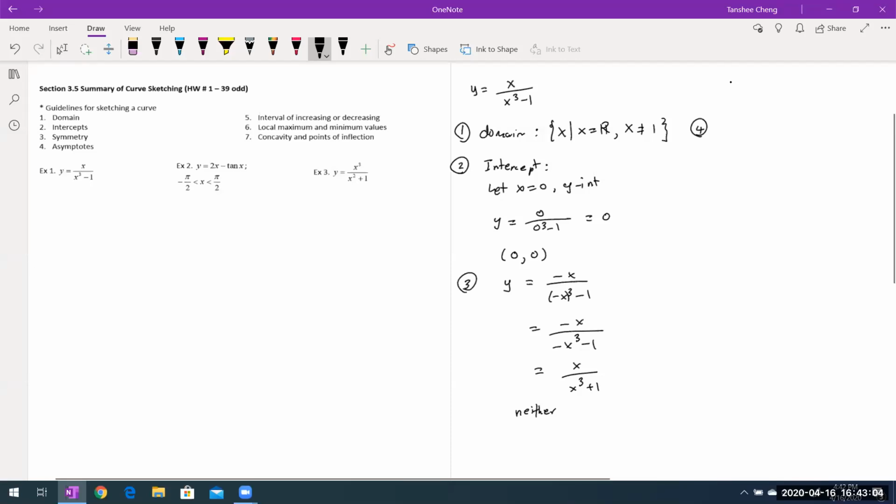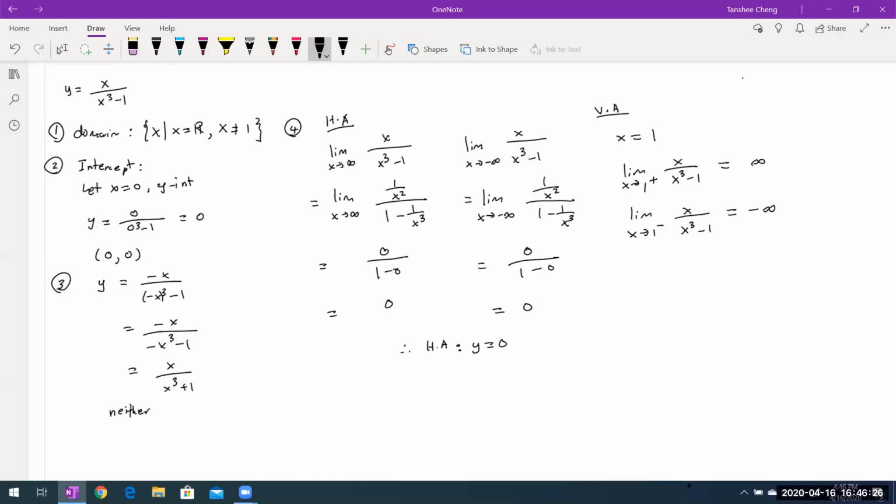So let's find the horizontal asymptote first. The limit as x approaches infinity of the function, using the techniques, we find the limit is 0. In the second step, I multiply the numerator and denominator by 1 over x to the third power.